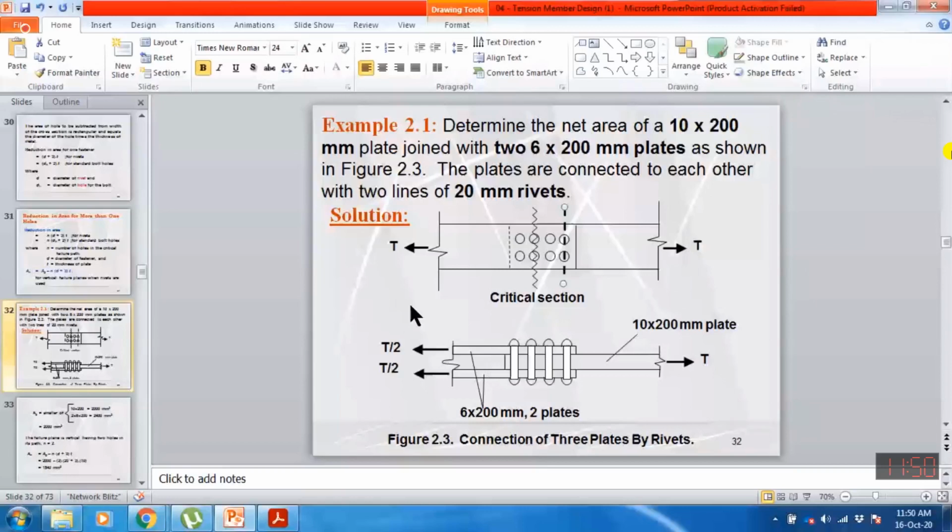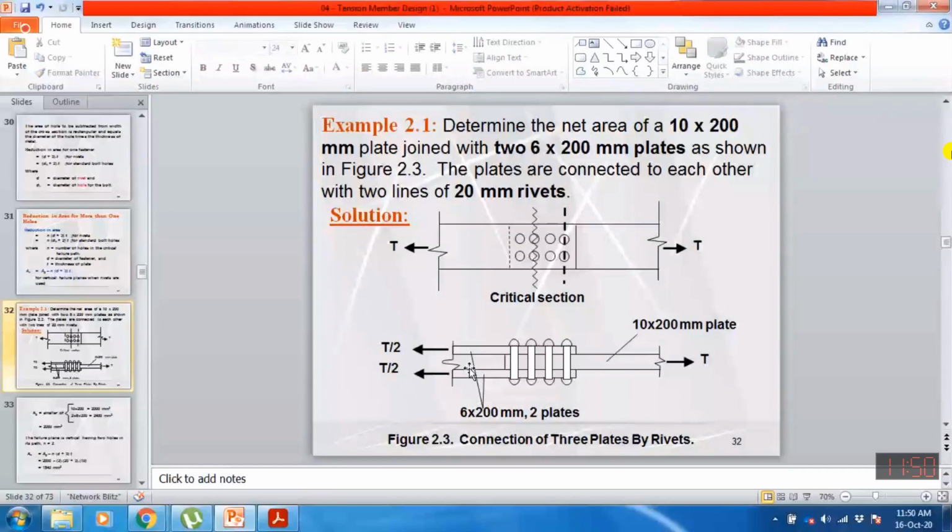The cross-sectional area of this plate will be 200 into 10, which is 2000. The gross area, without punching the hole, of the two small plates will be 6 multiplied by 200 and further multiplied by 2 because we have two plates, that is 2400. If we punch the holes, again the gross area of the two smaller plates is less.